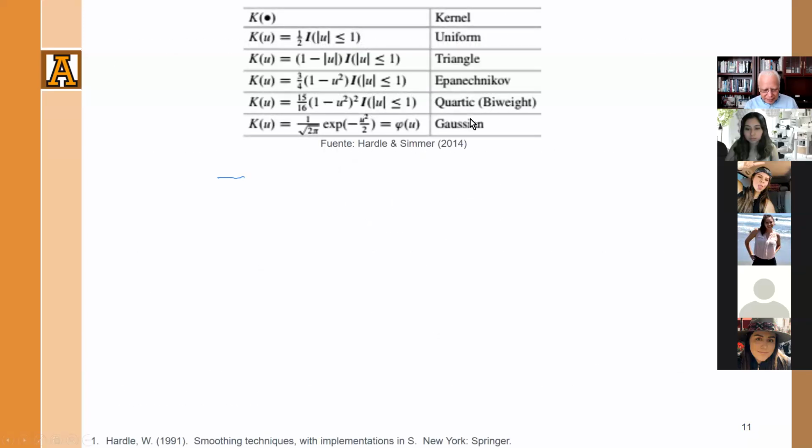These are the most common kernels used to estimate a density function. We have the uniform kernel, which is this one here, the triangle, the Epanechnikov quadratic, which is the one in the previous slide, and the most common kernel that is used is this one. This is the most common kernel for density estimation.